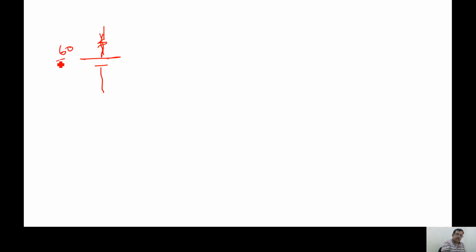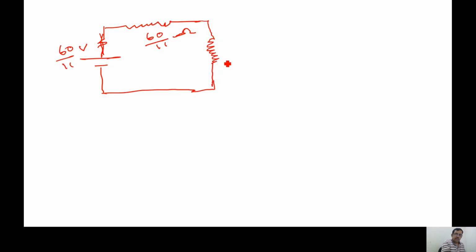This is my 60 by 11, and RTH is 16 by 11 ohms, and VTH is 60 by 11 volts, and it is delivering to the load resistor like this, A2.